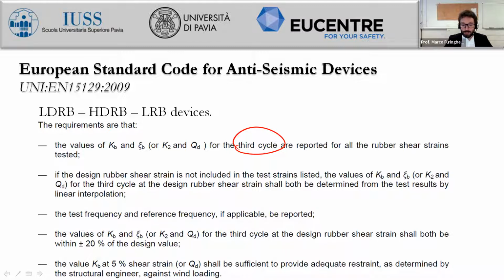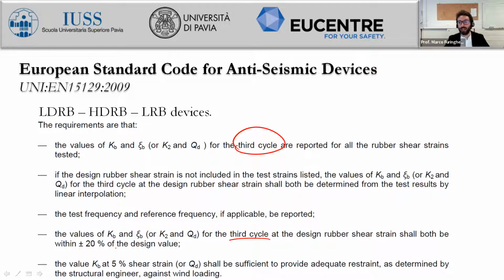And then you see one of the most important requirements is related to the mechanical properties for rubber bearings, effective stiffness and damping ratio, rather than post-yield stiffness and strength for lead rubber bearings. For the third cycles, at the design rubber shear strain, they shall both be within plus and minus 20% of the design value.